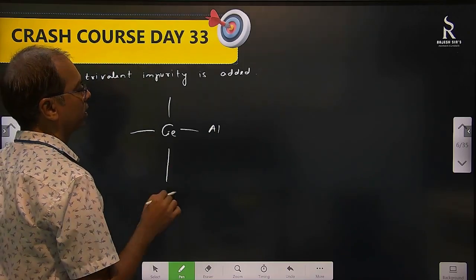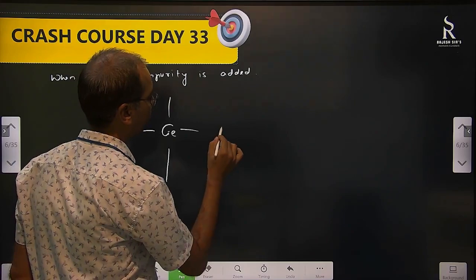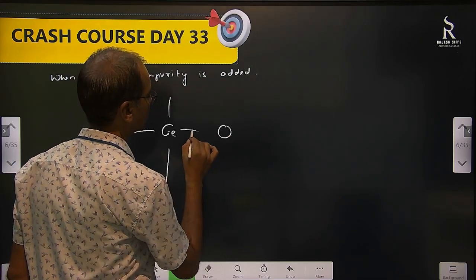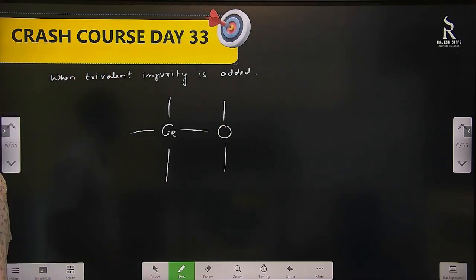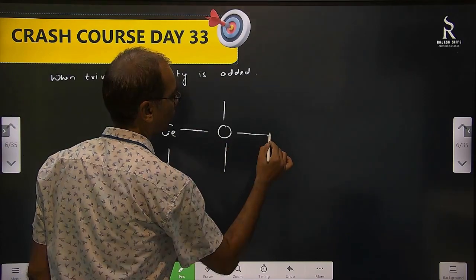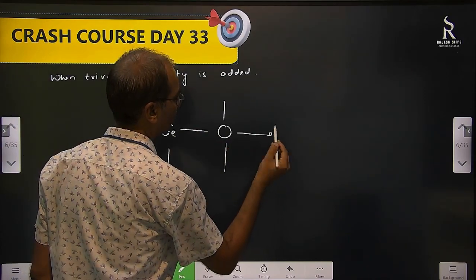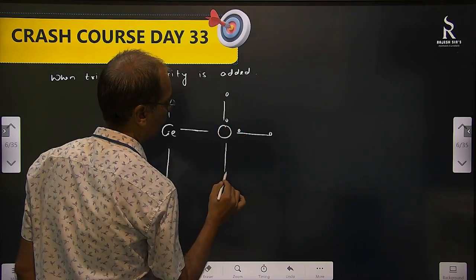Okay, fine. Whatever that is, leave it at aluminium or indium, whatever. So trivalent impurity is there. Now, this has 3 electrons on it. The 3 electrons are going to have covalent bonding with neighboring germanium. This is 1, this is 2, and this is 3.